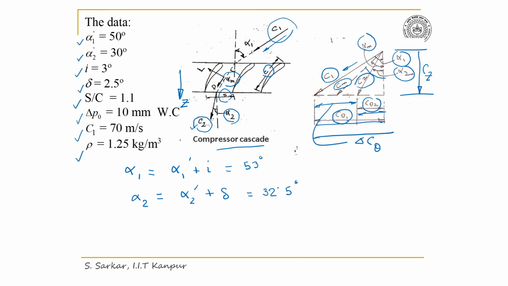Now I have evaluated alpha 1 and alpha 2. Hence I can calculate alpha m from the relation tan alpha m is equal to half into tan alpha 1 plus tan alpha 2. So let me write now the relation: tan alpha m is equal to half of tan alpha 1 plus tan alpha 2.